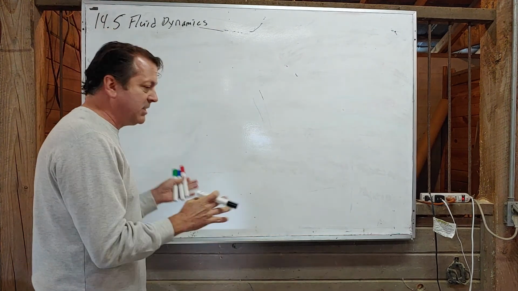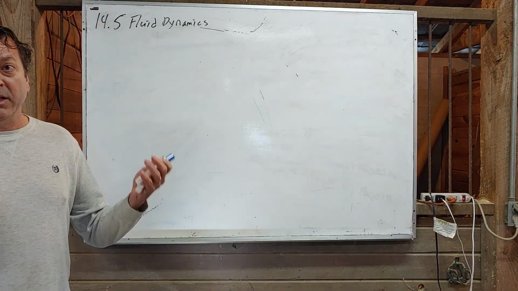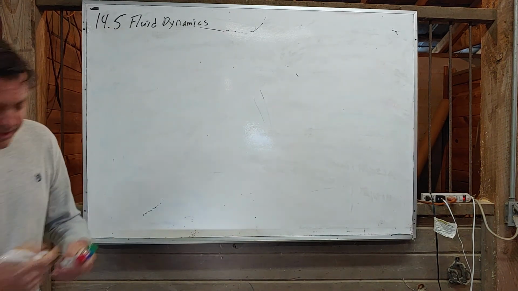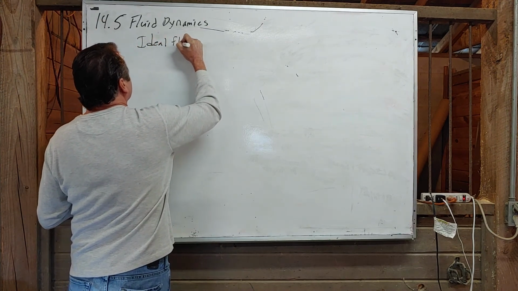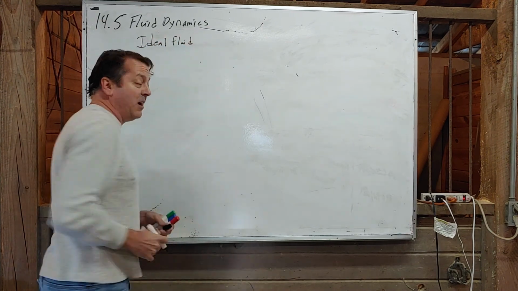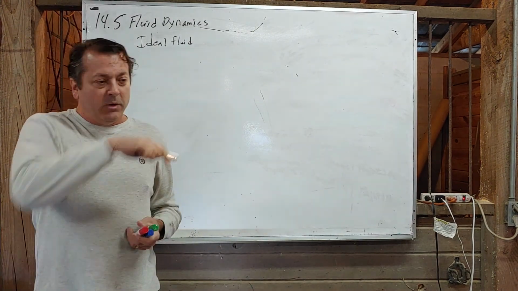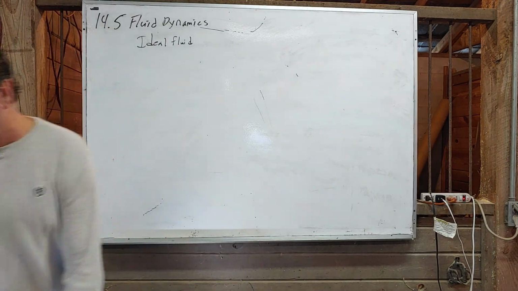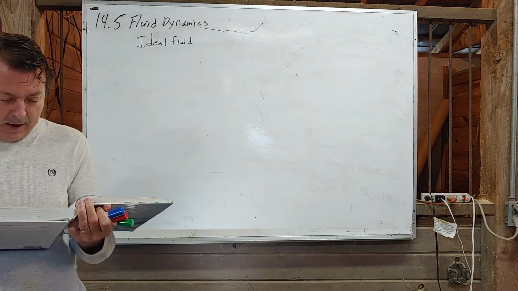What we did before was fluid statics: fluids weren't moving, and the properties of fluids as they don't move. Now, we're going to deal with ideal fluids. Now, of course, what is an ideal fluid? It's not a real one, but it's close. We do this because it's simpler than dealing with real fluids and the way they operate, and it gets us close to what we want to do.